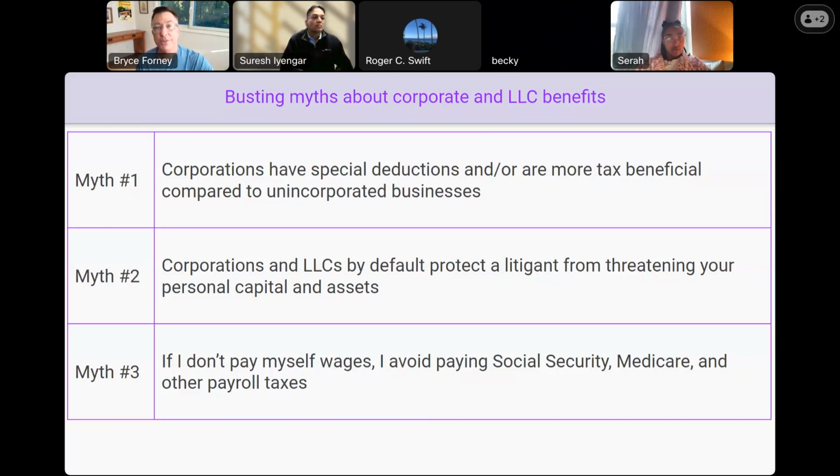Earned income is what they're after in terms of qualifying for home loans. And earned income, the most common thing, comes through wages, whereas dividends and interest, capital gains, those are not considered earned income. They're not subjected to Social Security and Medicare. And that's the same with K-1 earnings from a corporation.